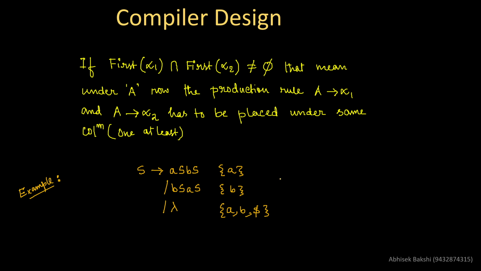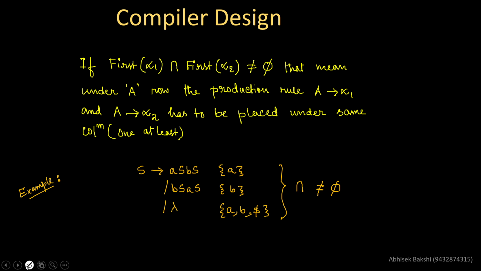So now if you do their intersection, it will lead to not equal to null because we have a common element in this set, that is, I have a clash with A.